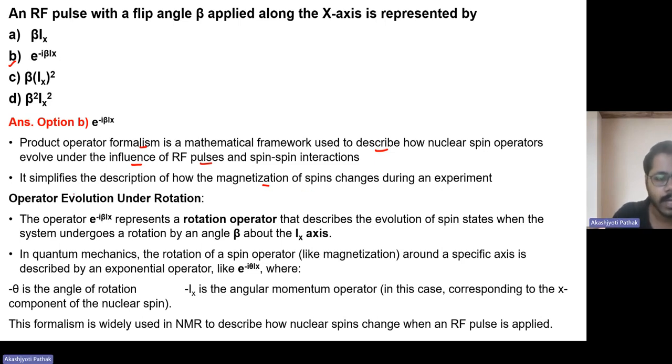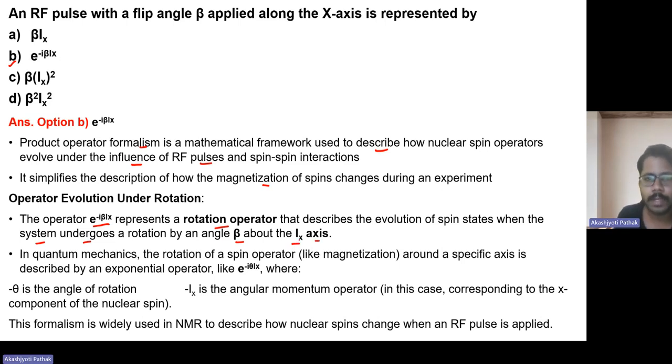So let's try to get a bit more into it. So this is operator evolution under rotation. How does this operator evolve under this rotation condition? So what is the operator? The operator is e to the power i beta Ix. It represents a rotation operator, and it describes the evolution of spin states when the system undergoes a rotation by an angle beta about the x axis.